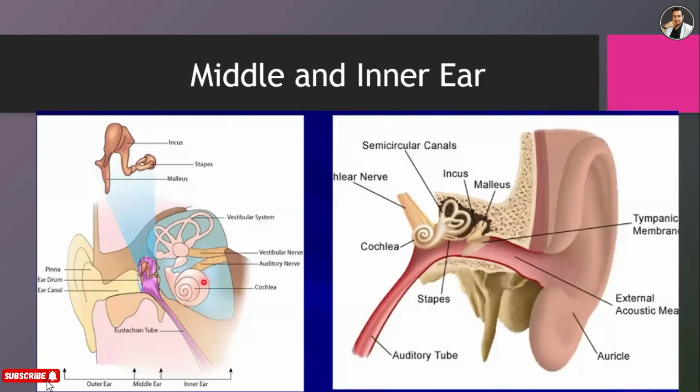And this is the cochlea. This is the vestibular system. The vestibular nerve goes to the vestibular system and the cochlear nerve goes to the cochlea, also called the auditory nerve. And this is the eardrum.